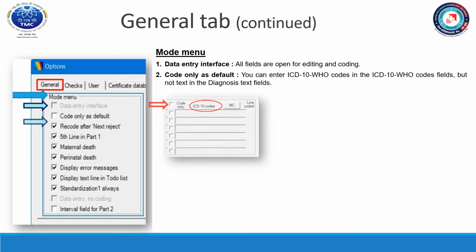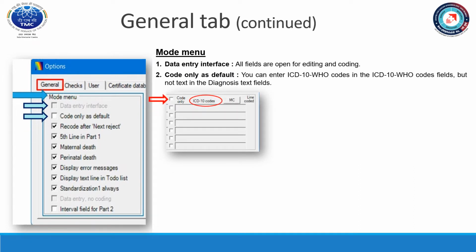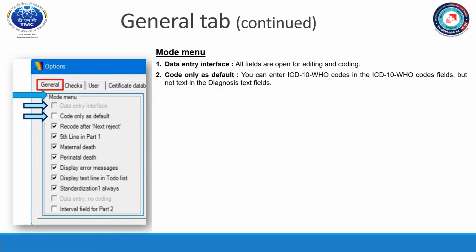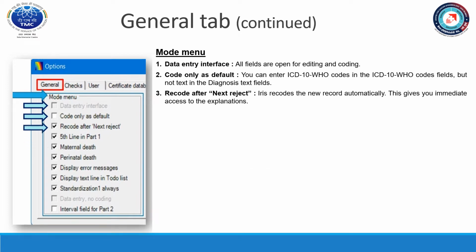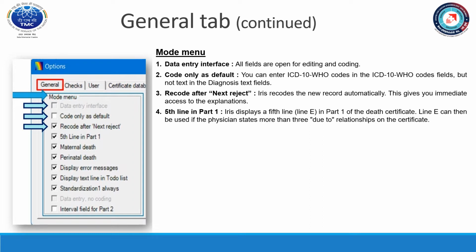If you want to set code only as default, to enter ICD-10 WHO codes in the ICD-10 WHO codes fields but not text in the diagnosis text fields, then select the code only as default option. When Record after next reject is selected, IRIS records the new record automatically and gives you immediate access to the explanations.